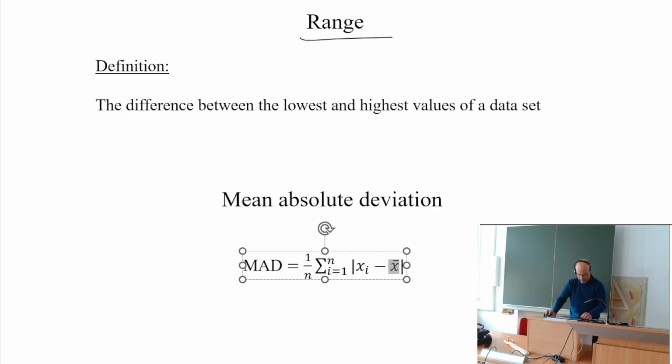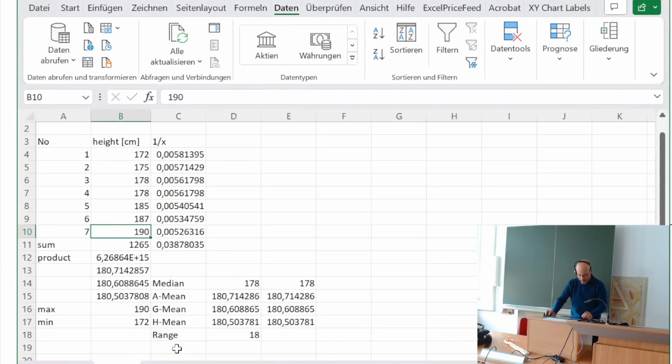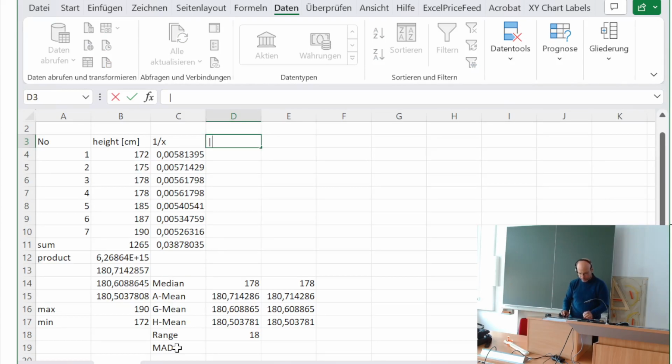Okay, and let's calculate it. For this, we calculate the absolute value of xi minus x bar.